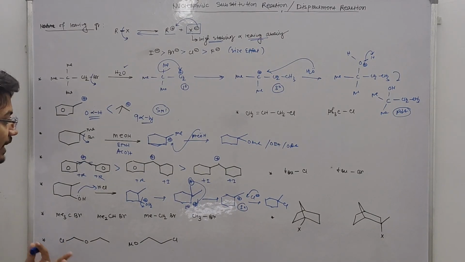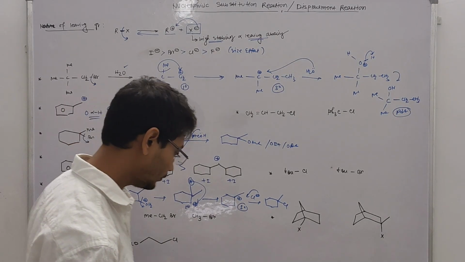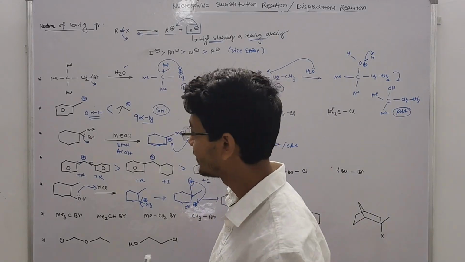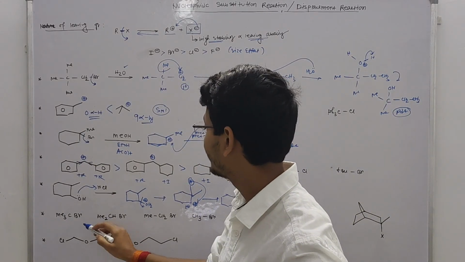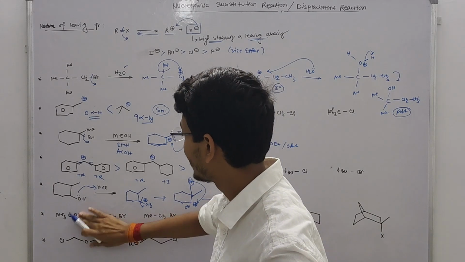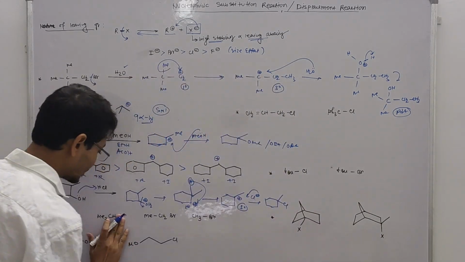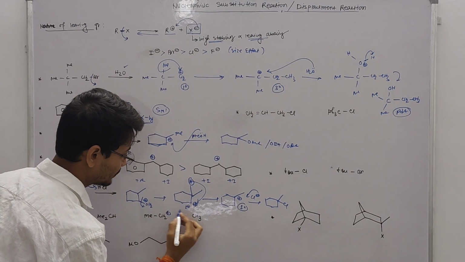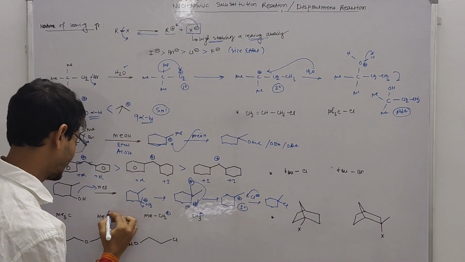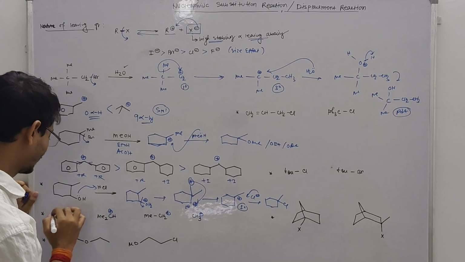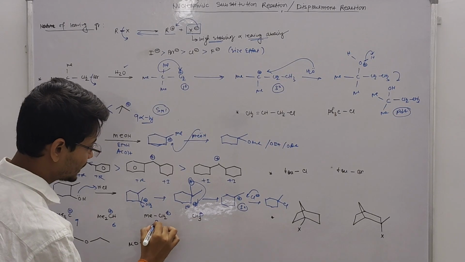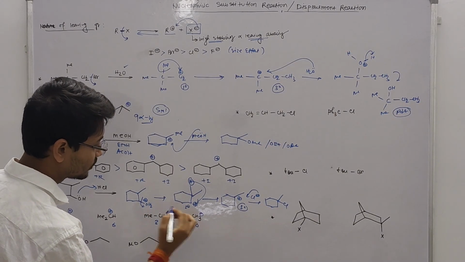Now here again you have to write the stability, or which will undergo a faster rate reaction. Here kick out the bromine from all the systems first, making a positive charge. There are 9 alpha hydrogens, 6 alpha hydrogens, 3 alpha hydrogens, and here 0 alpha hydrogen.